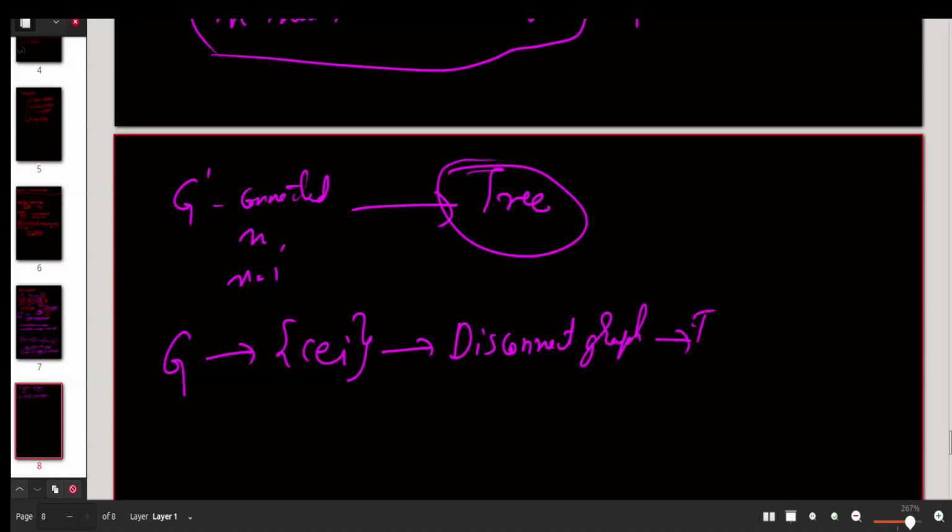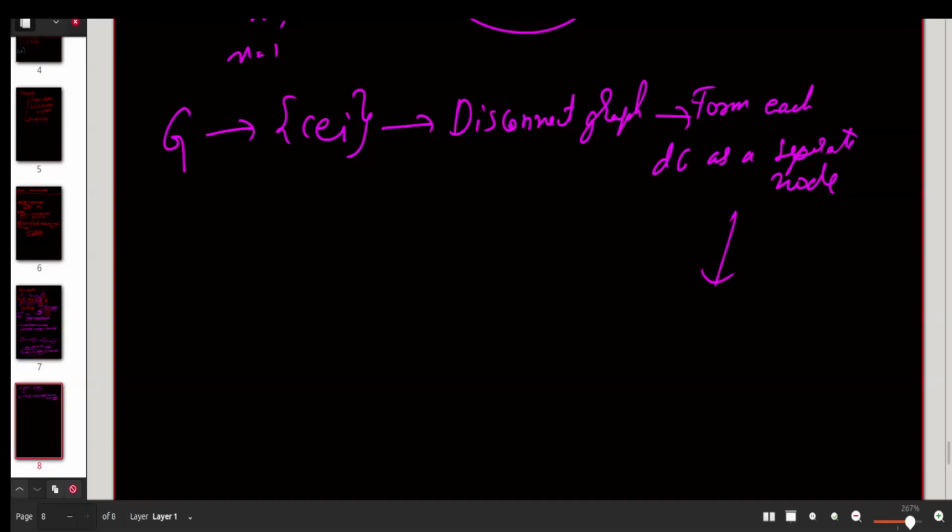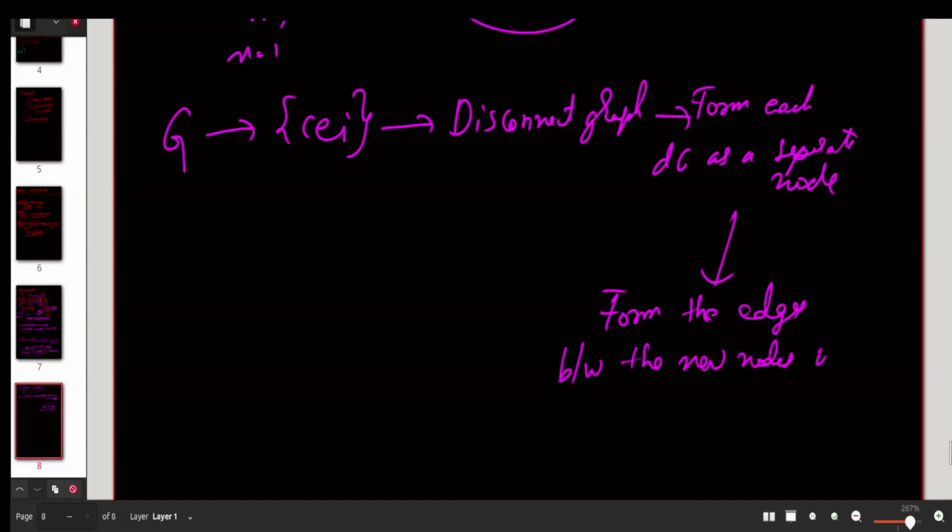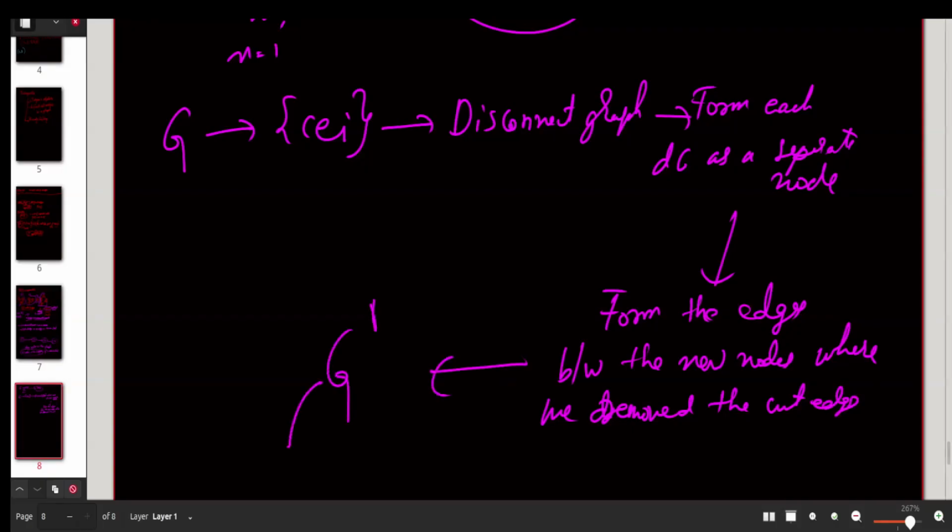Now form each disconnected component as a separate node, and then form the edges between the new nodes where we removed the cut edges. The resultant graph G dash is also a tree because it is well connected.